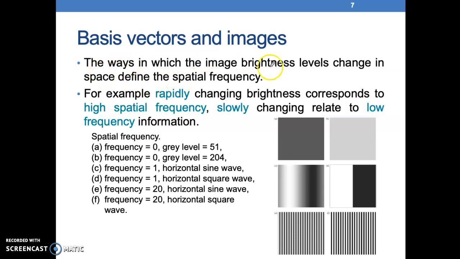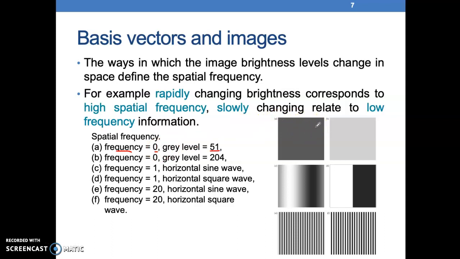The ways in which the image brightness level changes in space define the spatial frequency. For example, rapidly changing brightness corresponds to high spatial frequency, and slowly changing brightness corresponds to low frequency. If the frequency is 0, the gray level is only 51. This is A, where the frequency is 0.